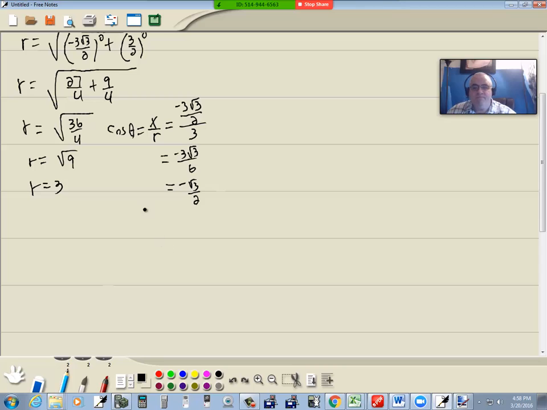Y. So sine theta is equal to y over r. Y was 3/2, so we're going to have 3/2 over r, which was 3. That would give us 3 over 6, which would give us 1/2. So I'm looking at my unit circle for negative square root of 3 over 2 and 1/2.